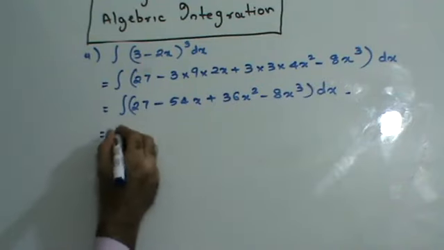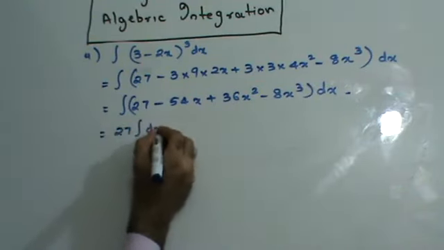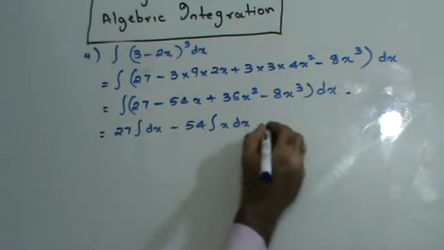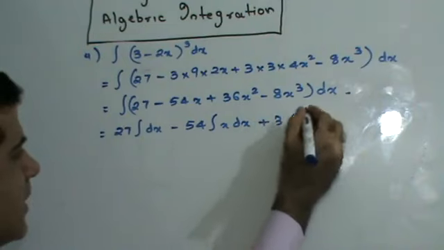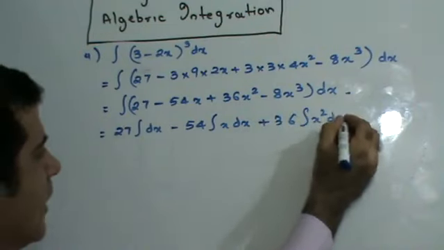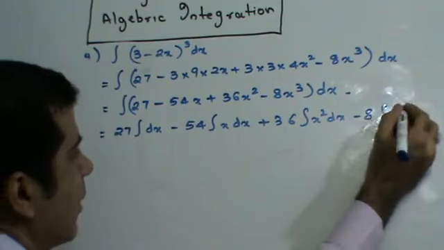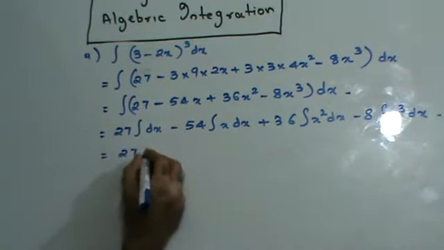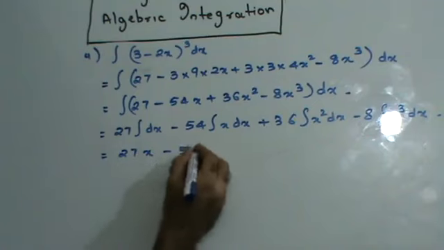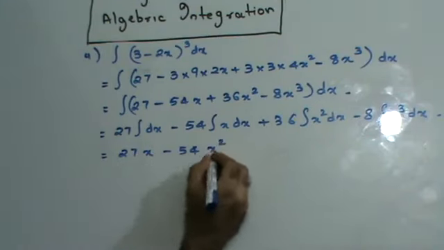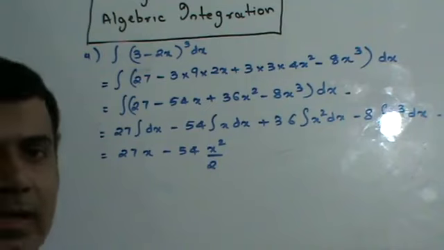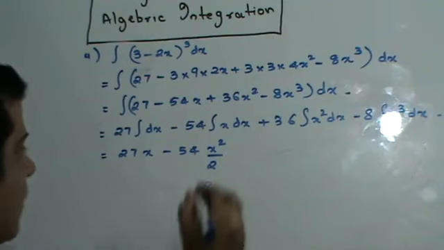Now open the integral sign. So this is 27 integral of dx minus 54 integral of x with respect to x plus 36 integral of x square with respect to x minus 8 integral of x cube with respect to x. So this is 27 integral of dx is x, 54 x is going to be x square by 2. I am using the formula integral of x raised to n is x raised to n plus 1 upon n plus 1.